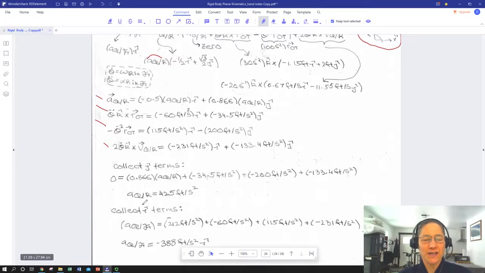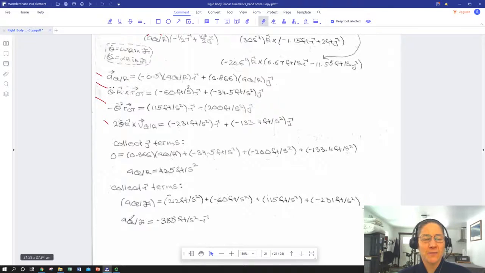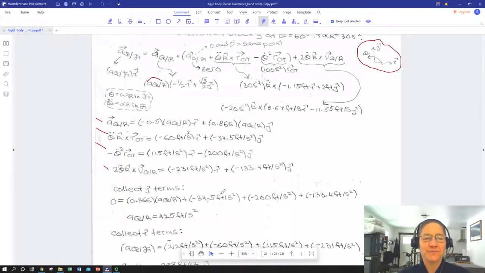And then if we collect the i hat terms together, we get our value of the magnitude of acceleration of point Q with respect to the fixed reference frame, the bearing and the hinge and all of that. So it's sliding, it would have a negative acceleration down the slider in the i hat direction.